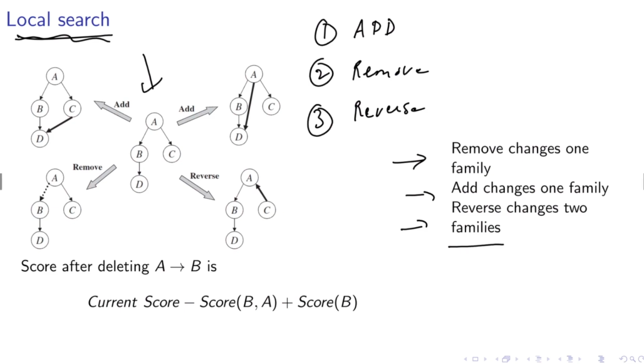So that's how your local search algorithm will work. You start with, let's say, a random tree structure, and you keep making jumps to the neighbor that has the highest MDL score, and you stop when a local maximum is reached.